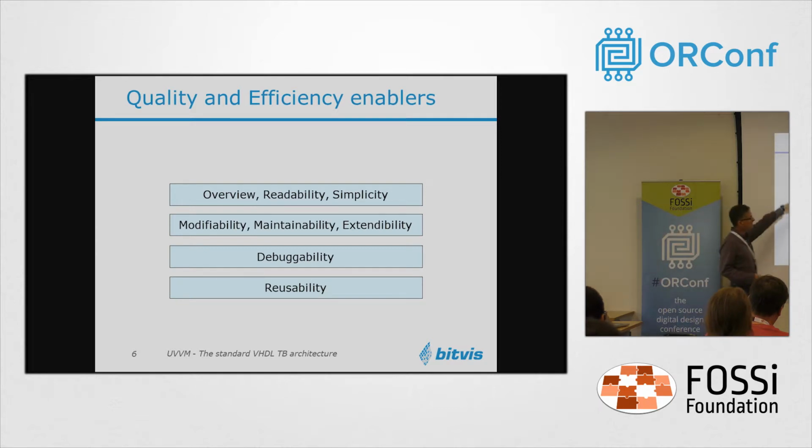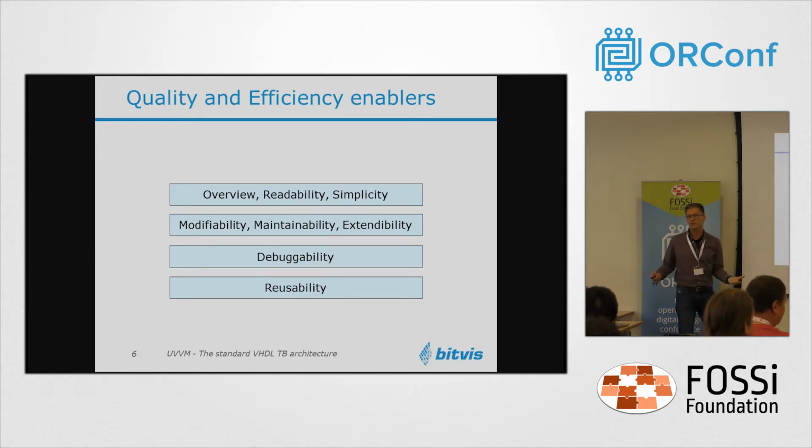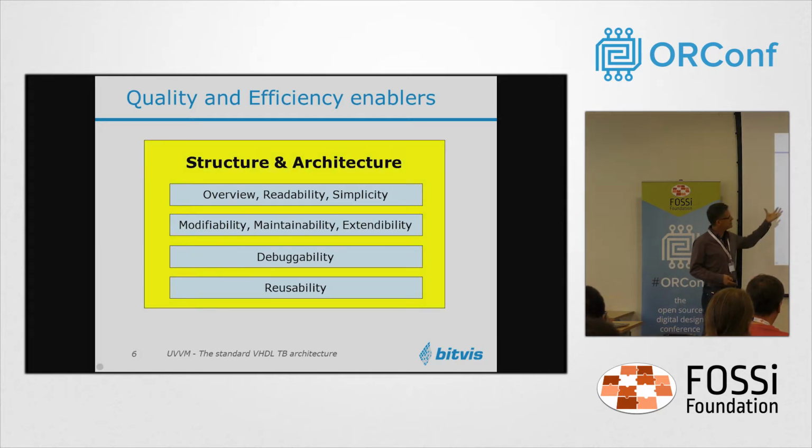This is basically exactly the same requirements as you have for a design. But when you look at people's test benches, it doesn't seem like people know this. But it's pretty obvious. And in order to achieve all this, you have to have a good structure and a good architecture, all the way from the top down to the microarchitecture of your verification environment.